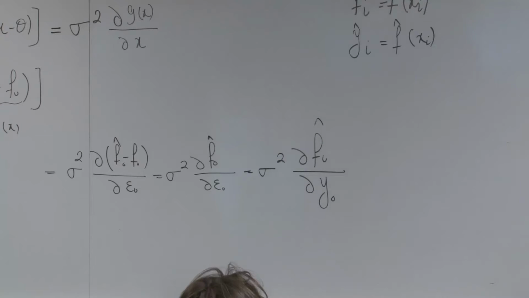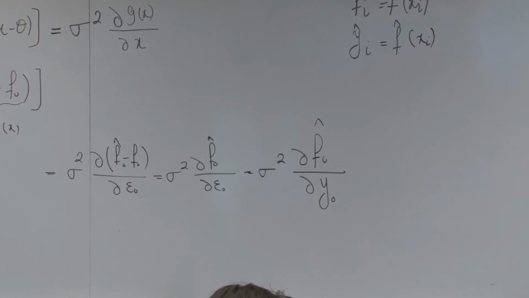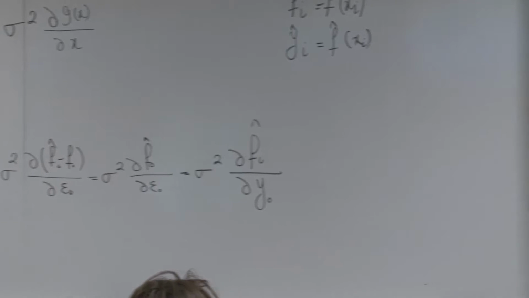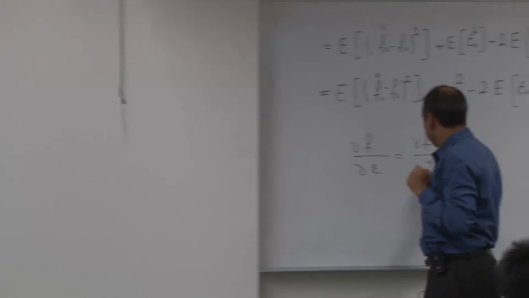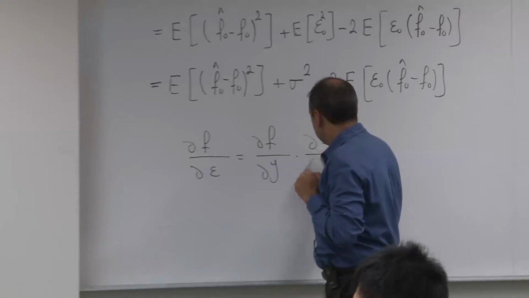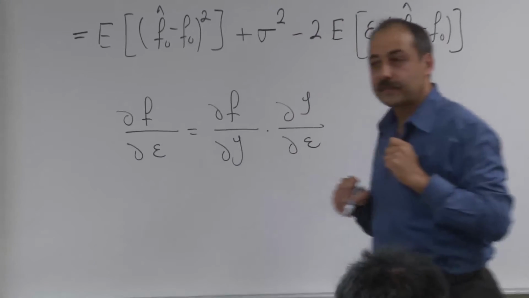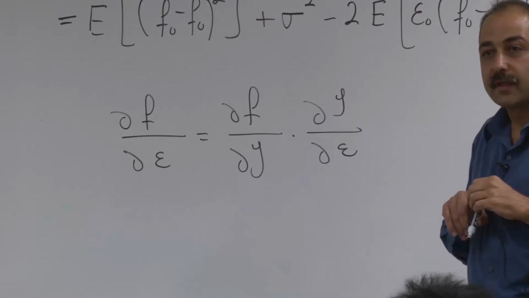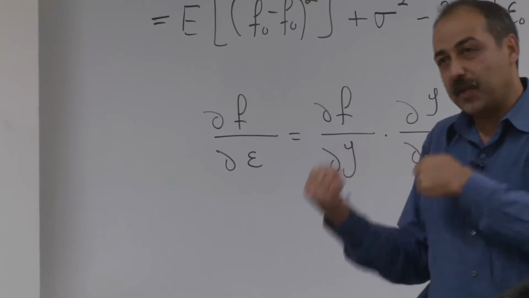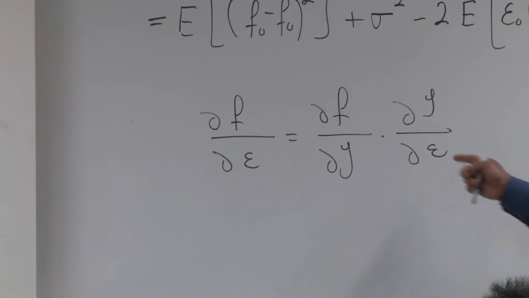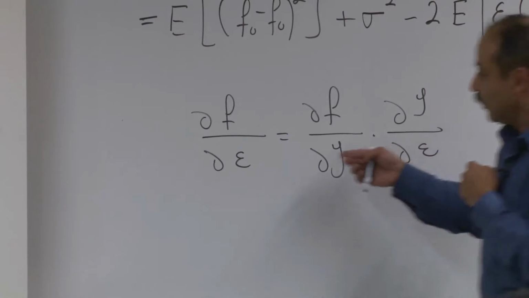If you're not sure that you can write it this way, f with respect to epsilon, you can write it as f with respect to y times y with respect to epsilon, right? And y is f plus epsilon. So this is 1. So basically it's just f with respect to epsilon.